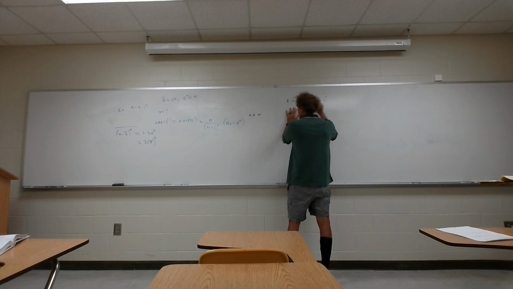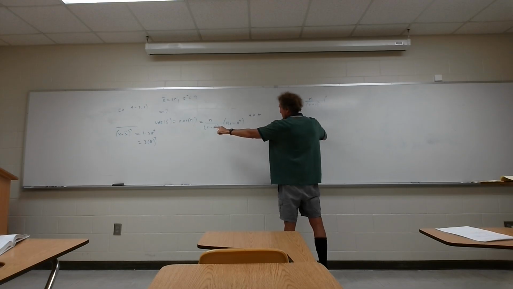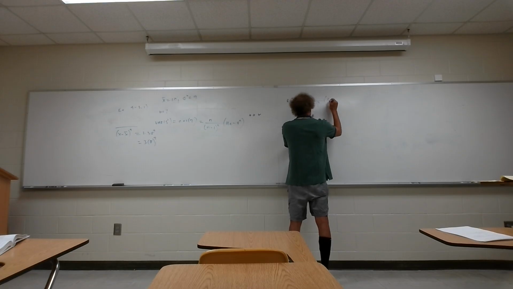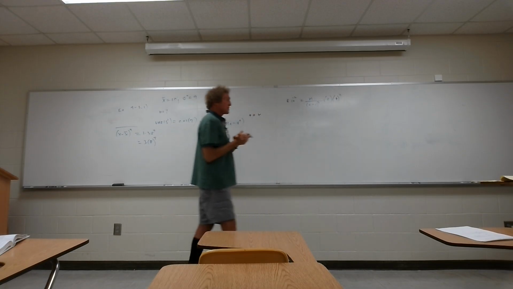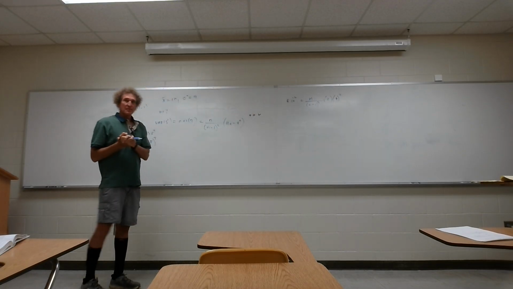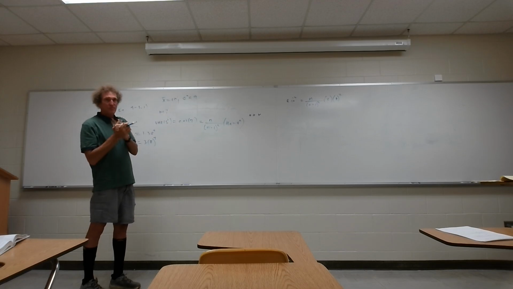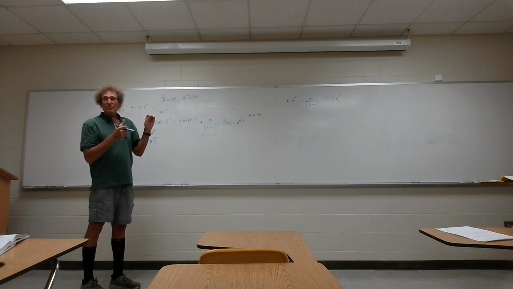And here, mu to the 4th is going to be 3 times sigma to the 4th minus sigma to the 4th, which is simply 2 times sigma to the 4th, or 2 times 9 squared. I'm going to stop and make sure everybody is with me. I just replaced the sigma to the 4th by 9 squared. 9 is sigma squared. If I square that, I get sigma to the 4th.